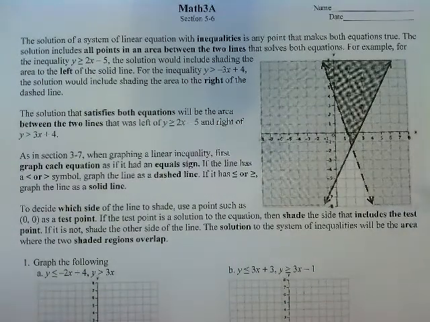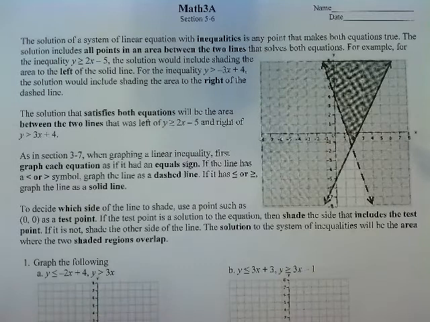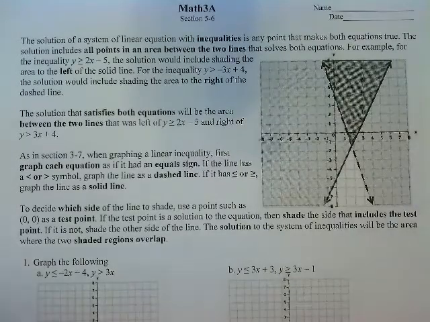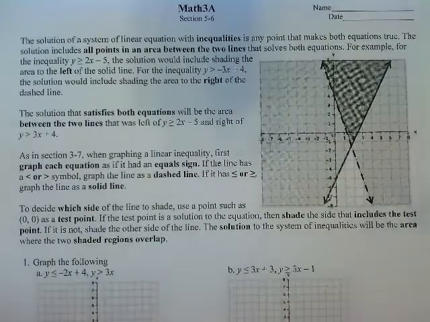And then basically if the test point is a solution, that's the side we shade. If the test point is not a solution, then we shade the other side of the equation. Now, this will include straight lines, but it'll also include other types of equations as well.